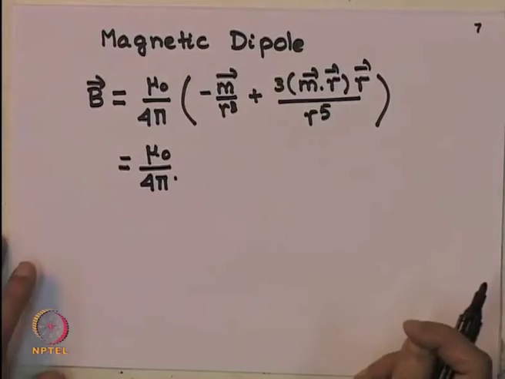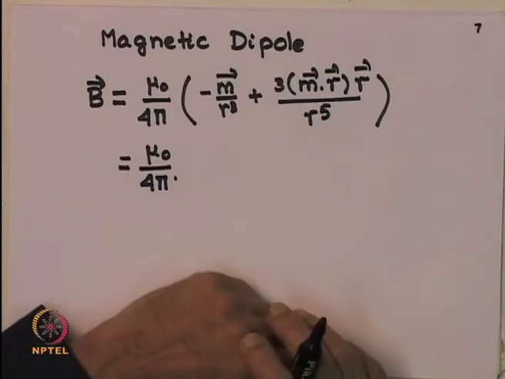Now, what I am going to do is rewrite this in the r theta representation. That is fairly straightforward. I take the magnetic moment m, and the angle between the magnetic moment m and the radial vector I take as theta. You can do this as a fairly simple exercise.